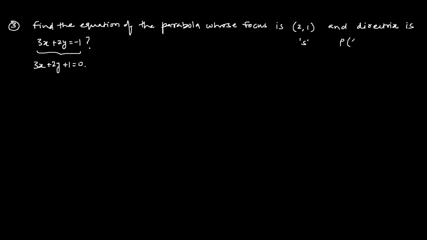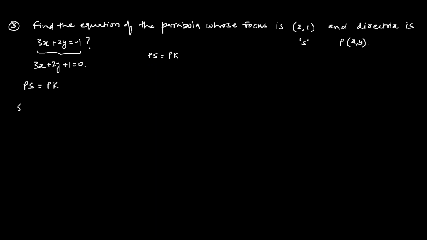Any point on the parabola is (x, y). Now we have to write PS equal to PK. PK is the perpendicular distance of point P from this straight line called the directrix, and PS is the distance between these 2 points.